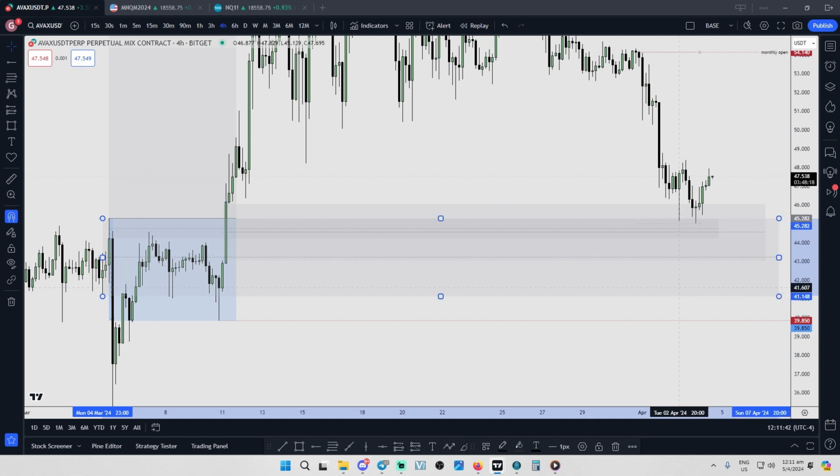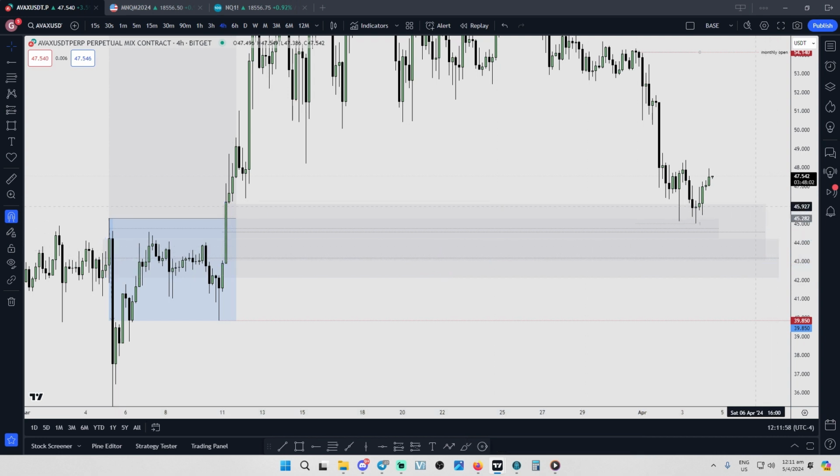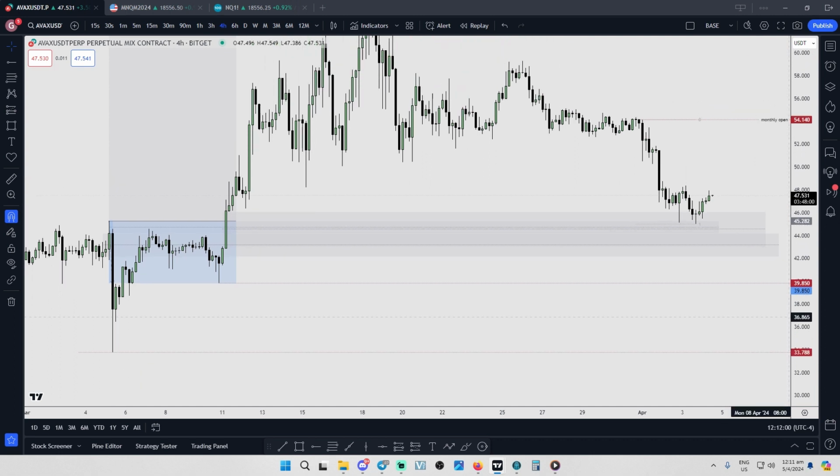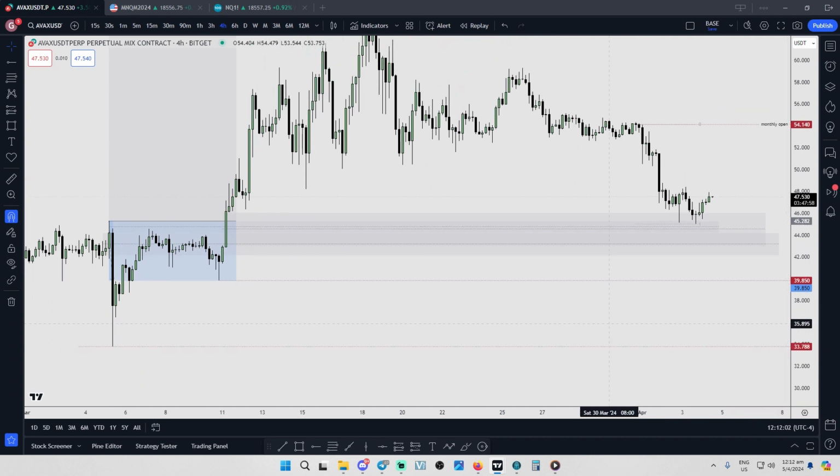And if you really want to push it, you want to tighten and refine it to the maximum, you can do this, the breaker's body, right, your mean threshold, and still it's within this fair value gap here. So this is very nice in terms of setup, right, from the higher time frames narrowing down to the lower time frames, and everything matches up nicely in sync.